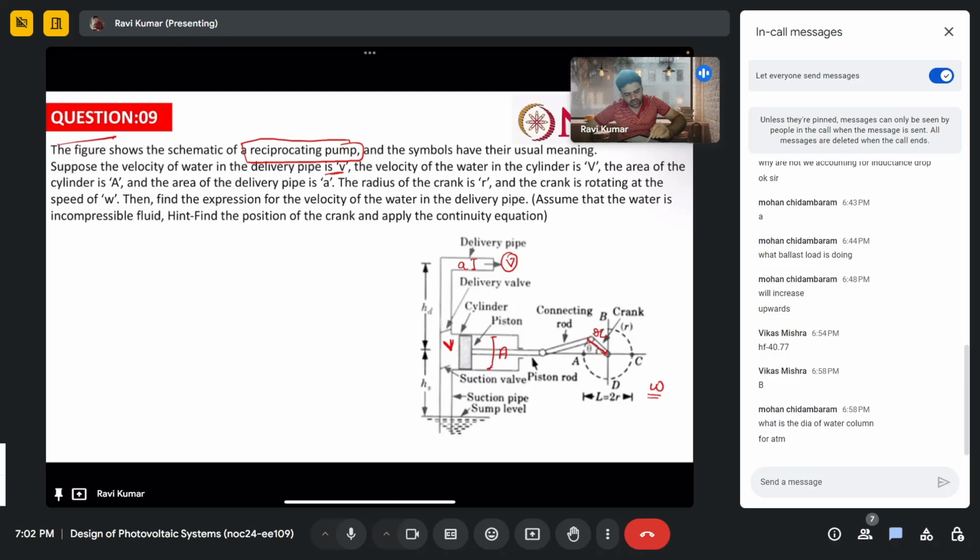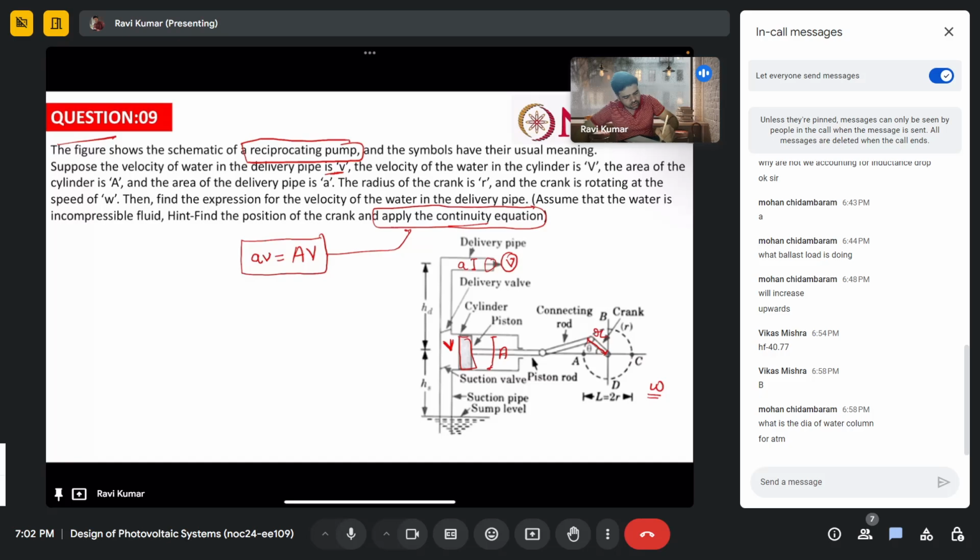Find the position of the crank and apply the continuity equation. See, what is this continuity equation? The volume of water here will be equal to the volume of water here. So we usually say AV equals av. This is the continuity equation.